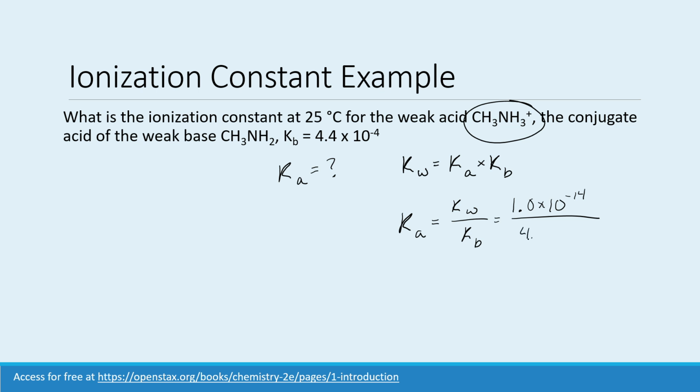And then divided by the Kb that they give you, 4.4 times 10 to the negative 4th. Okay, 2 sig figs, especially for the Kb number. Kw, we could get 3 if we needed it. And so we get back Ka equals 2.3 times 10 to the negative 11th.